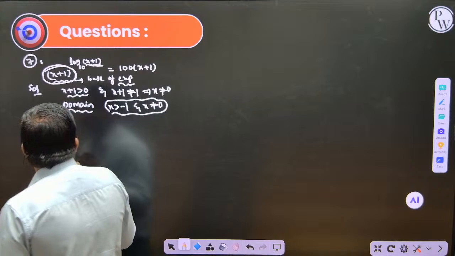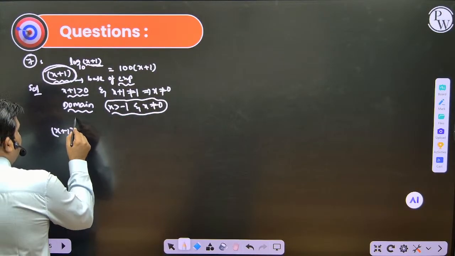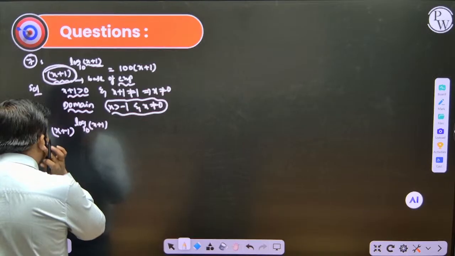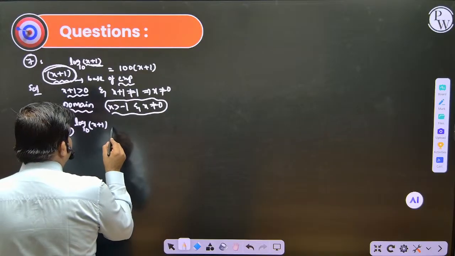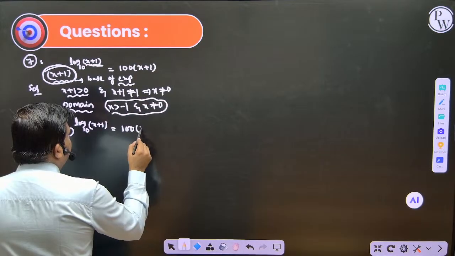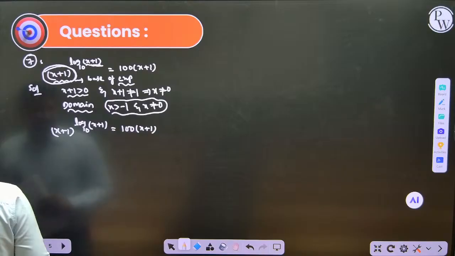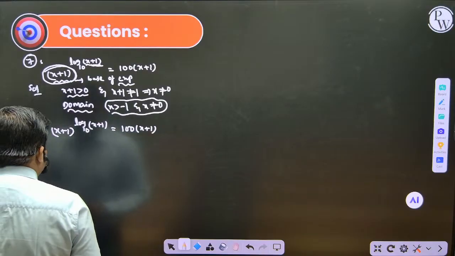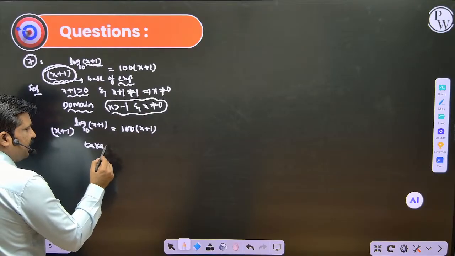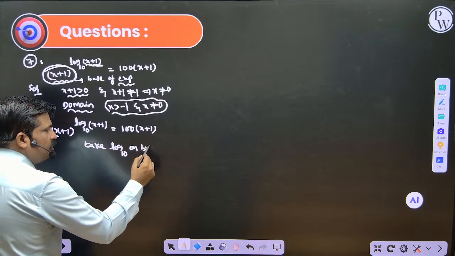Now solving the question here, x plus 1 to the power of log base 10 of x plus 1 is equal to 100 into x plus 1. Now you just see here, take log base 10 on both sides.